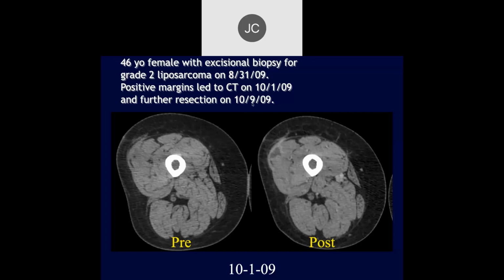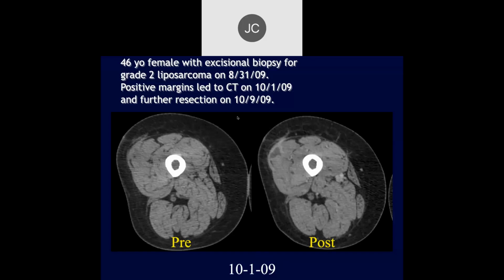Pre and post contrast CT, we see the medial side of the thigh, a lateral, within the musculature, in the vastus lateralis, this ring enhanced collection. This is on 10/1/09.